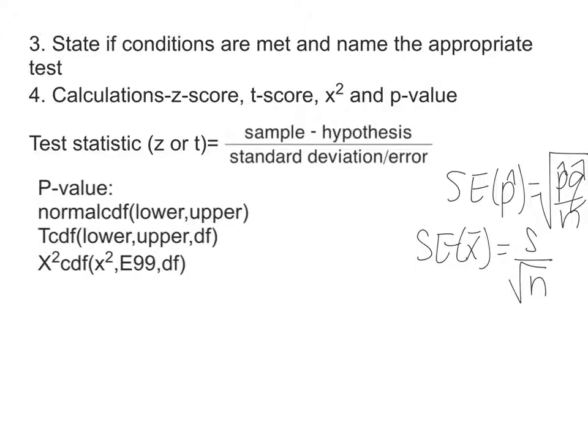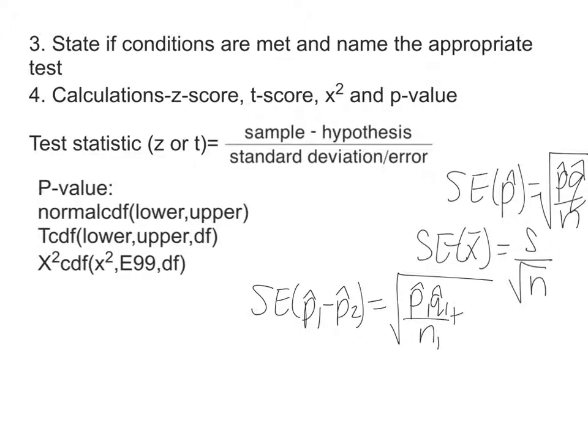And then we have the differences of proportions or means. Remember that when we're doing the 2-proportion z-test or the 2-sample t-test, our variances will always add. So the standard error of p hat 1 minus p hat 2 is the square root of p hat 1 q hat 1 over n1 plus p hat 2 q hat 2 over n2.